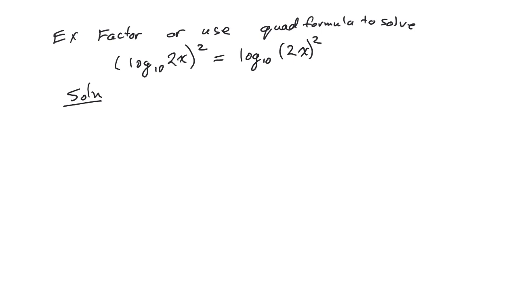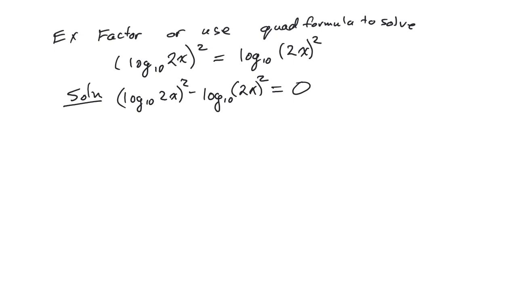We're going to take everything to one side. So we get 0 is equal to log base 10 of (2x) all squared minus log base 10 of (2x squared).